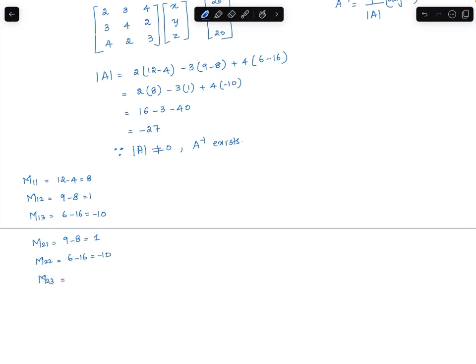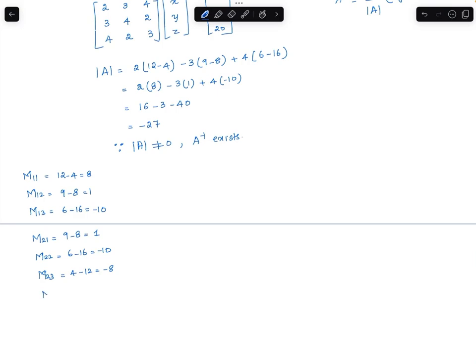M23 is 4 minus 12, which is minus 8. M31 is 6 minus 16, which is minus 10. M32 is 4 minus 12, which is minus 8. M33 is 8 minus 9, which is minus 1.